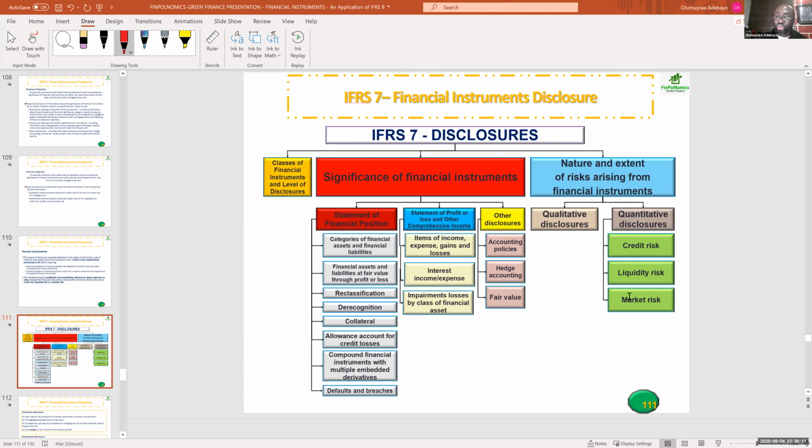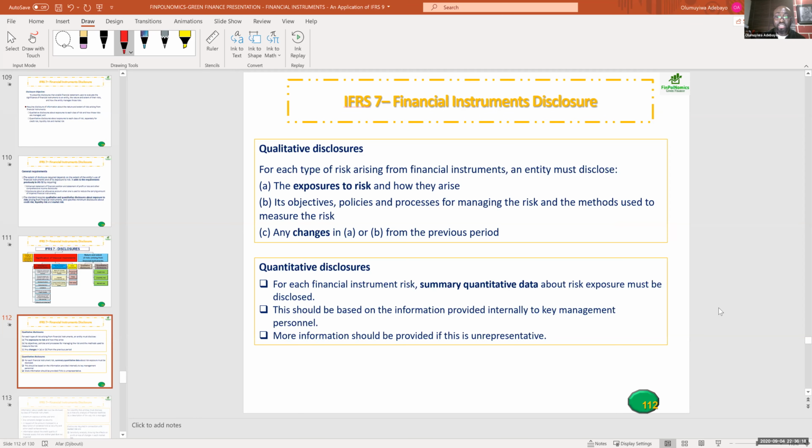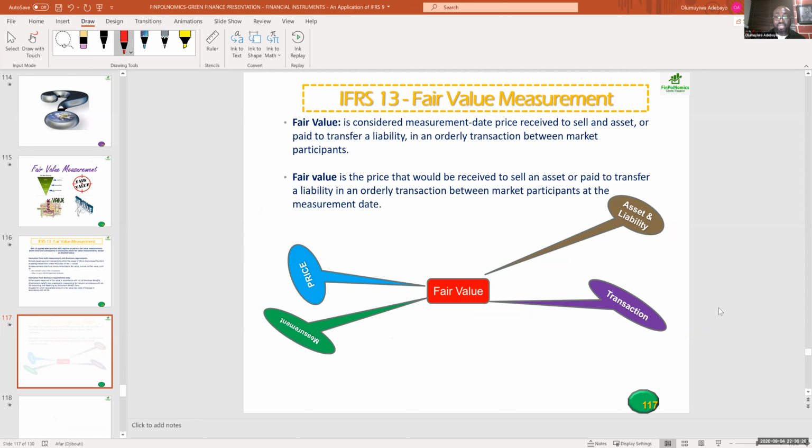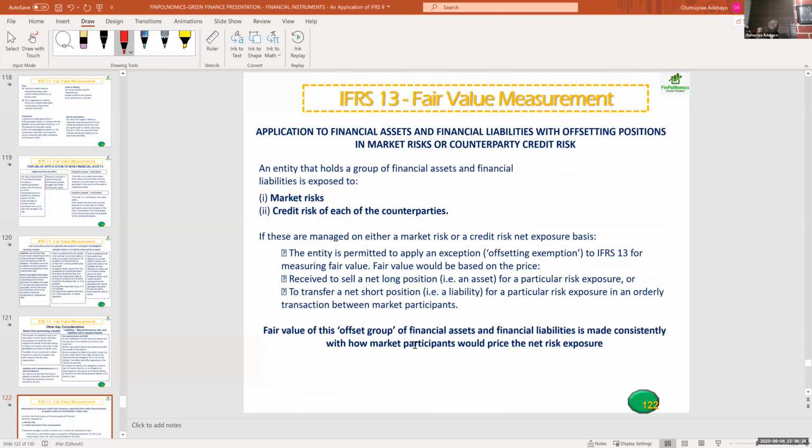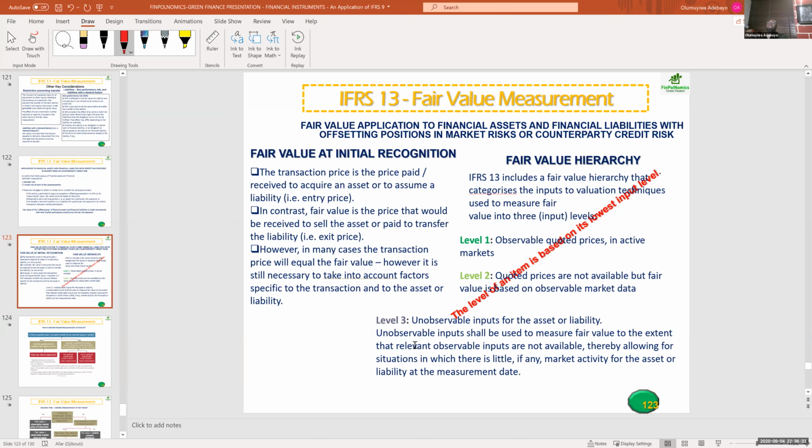Let me quickly show you, even though we are not going to discuss fair value in full today. Now, this is what I meant. There are 3 hierarchy levels for fair value. Level 1, level 2, and level 3. Level 1 is your quoted market price, which is observable.